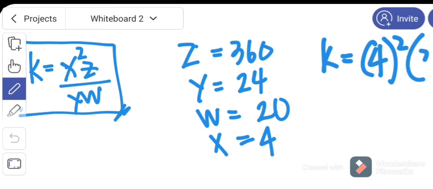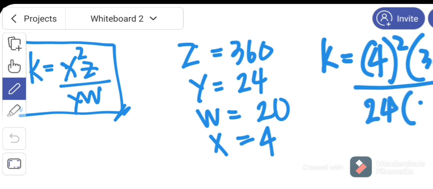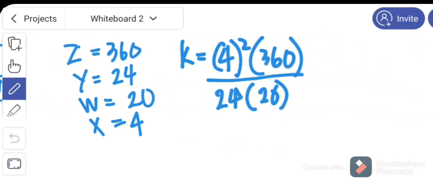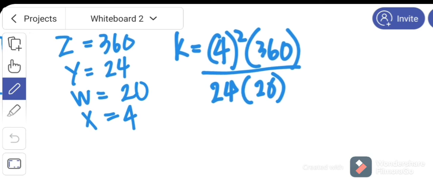z is 360 over y, 24 times w, 20. Okay, so let us simplify this.